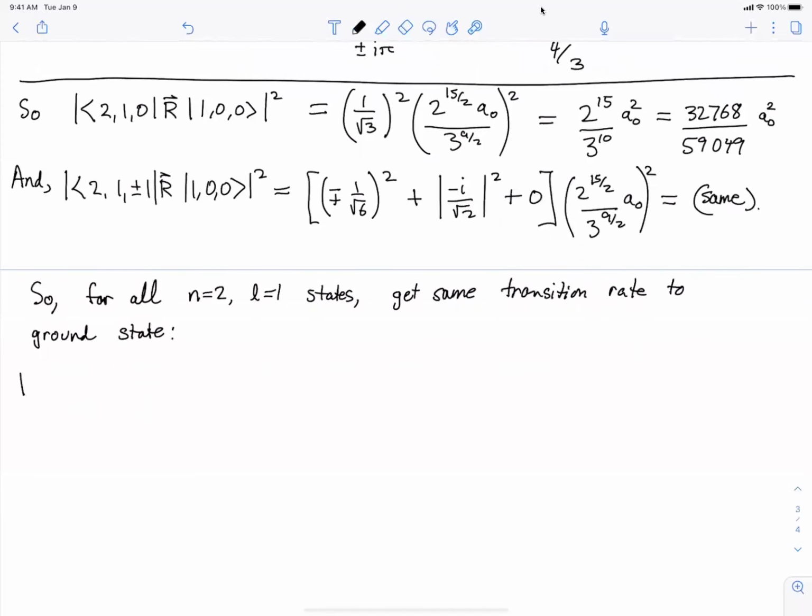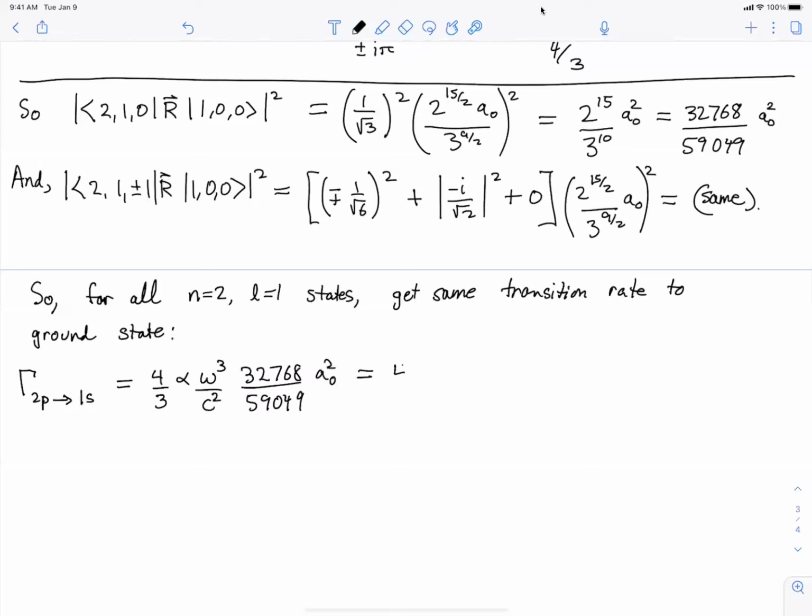Okay, so the rate to go from the 2p to the 1s state by emitting a photon is 4/3 fine structure constant omega cubed over c squared, which we worked out earlier. And now we're putting in our matrix element, 32,768 over 59,049, Bohr radius squared.